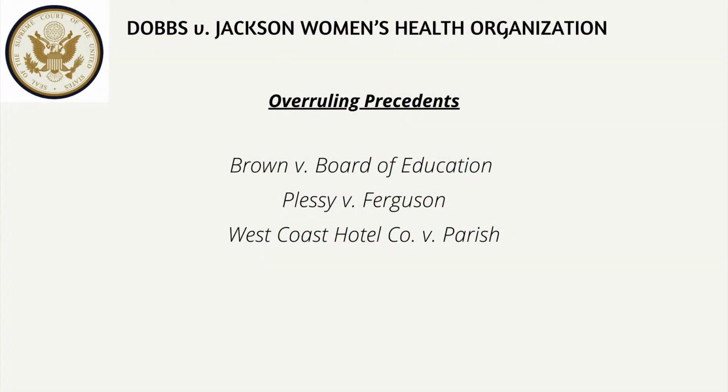But I wanted to also bring up some of the precedents that they used in the second aspect of why they were wanting to overturn these cases. That's looking at Brown versus Board of Education, Plessy v. Ferguson, and West Coast Hotel Company v. Parrish. So these are the three seminal cases that they used in overruling precedents.